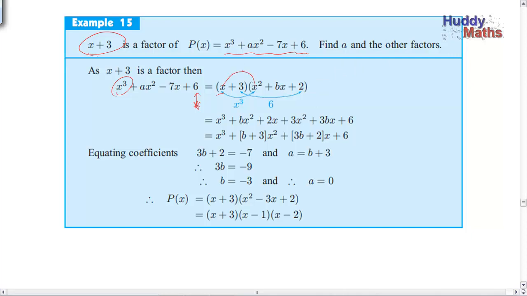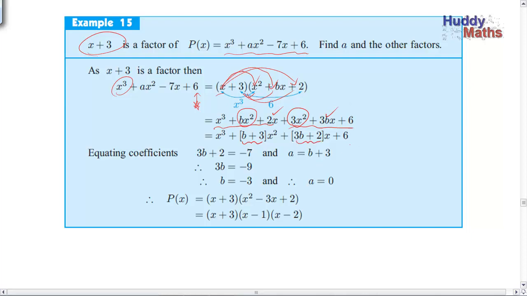So we're going to go that by that, that by that, that by that, and get our first 3 terms, and then the same thing here, the other 3 terms. Collecting up the x squareds, there's 1, there's 1, so you've got b plus 3 lots of x squared. Here's a 2x and a 3bx, so it's 3b plus 2 lots of x.